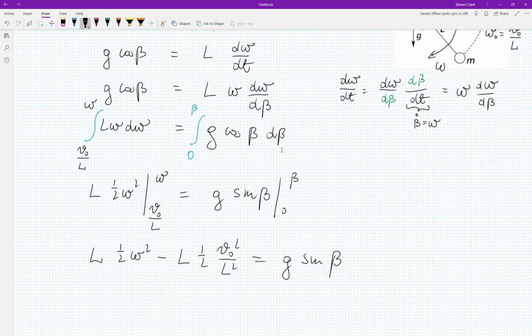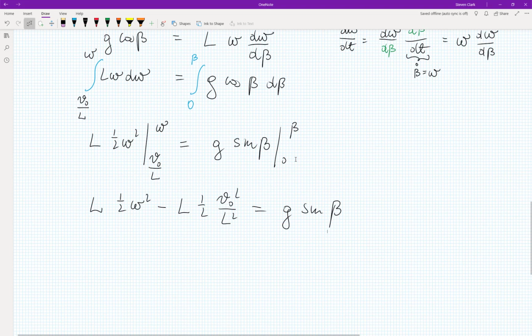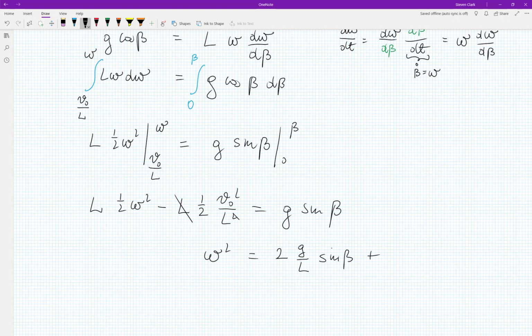Okay, so we are almost there because they ask us to find omega, right? So our omega squared will be equal to 2g divided by L sine beta plus V0 squared over L squared, right?